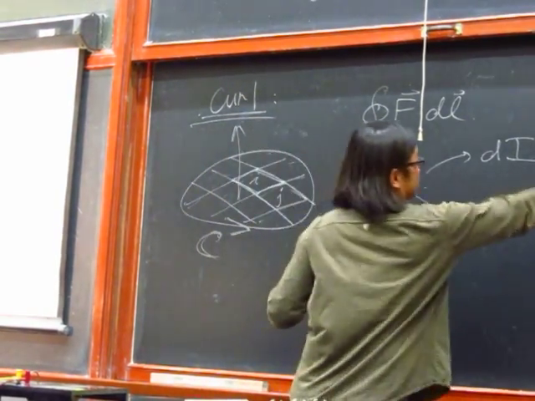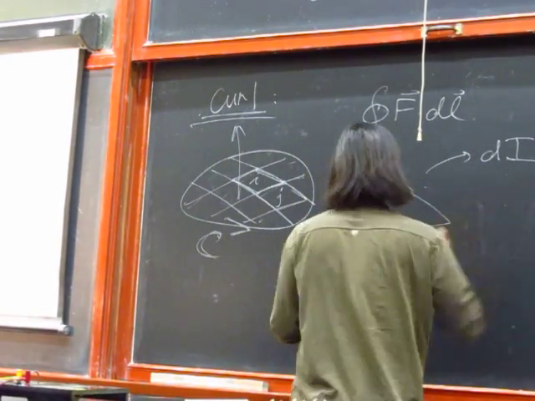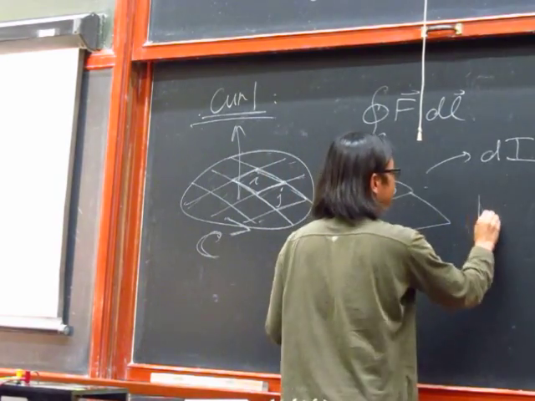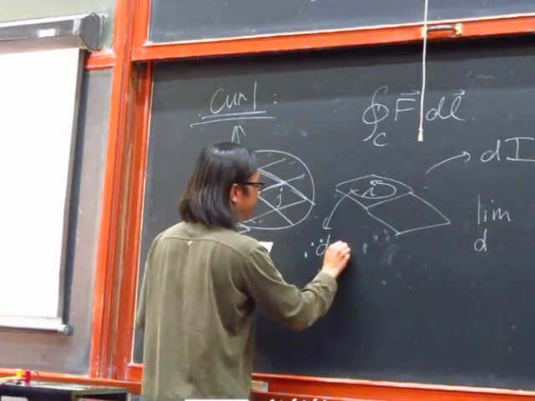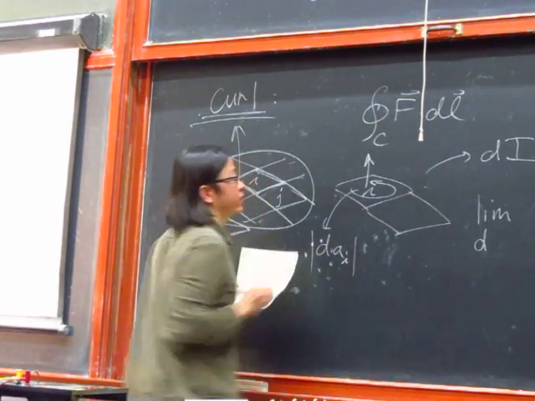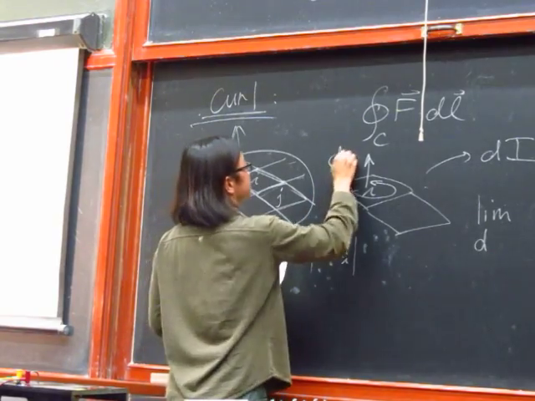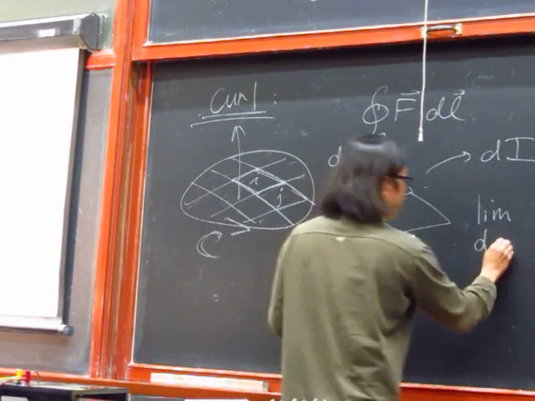of course this vanishes in itself if I take the loop to be small, but I can take the limit. The area here is given by dAi, the magnitude, and dAi points in that direction. A lot of this is from Math 53.